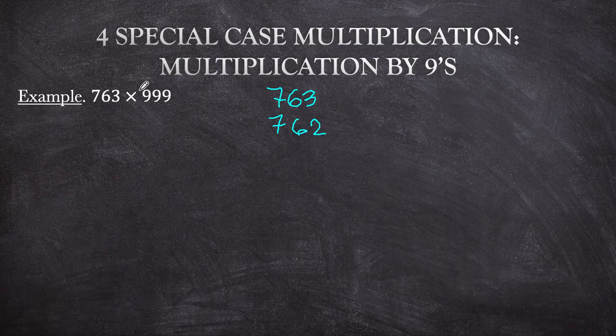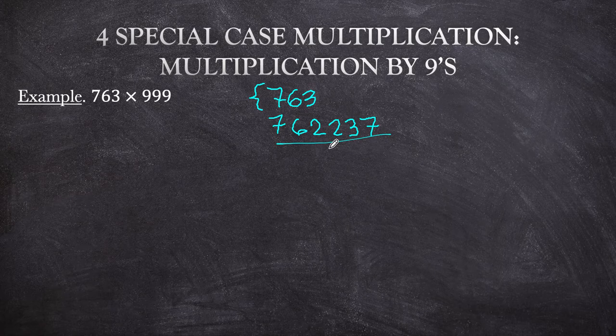Then all from 9 and the last from 10, since we're doing 999. Starting from 7 here, we have 2, 3, and the last from 10, 7. So that's our answer. 763 times 999 is 762,237.